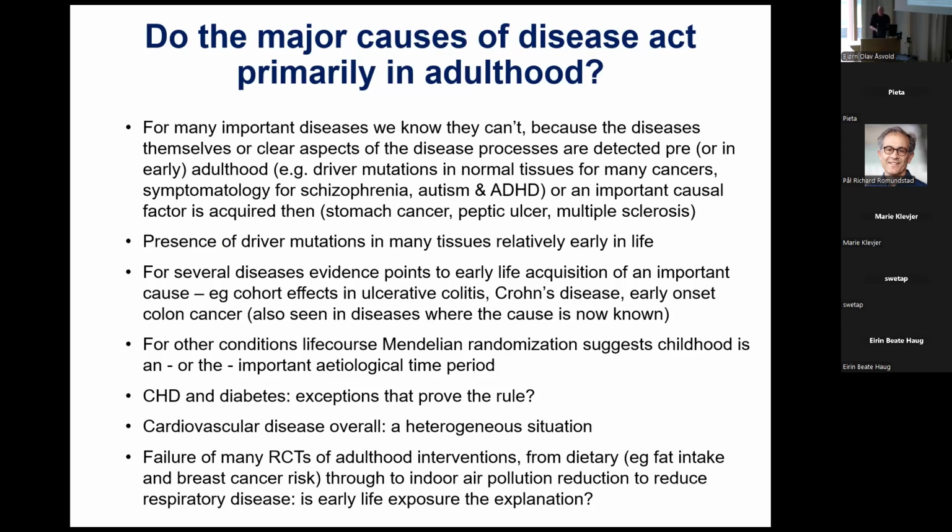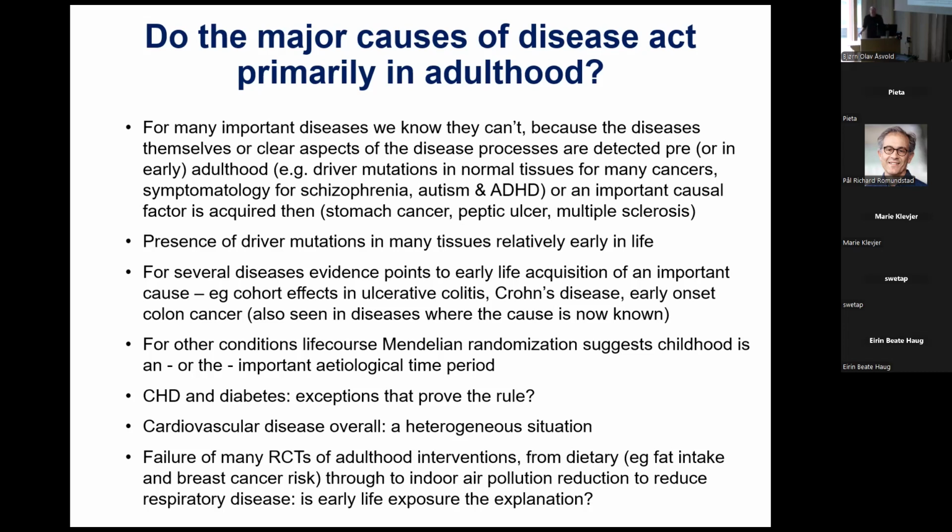Right the way through to things like indoor air pollution reduction in lower middle income countries, in an attempt to reduce the very high rates of respiratory disease, especially in women. They have been very disappointing. This is to stop indoor cooking in Rajasthan, for example, and other places. And these trials haven't led to the reductions that were thought.